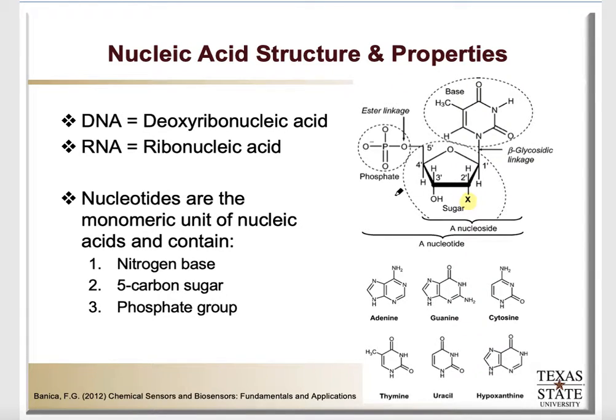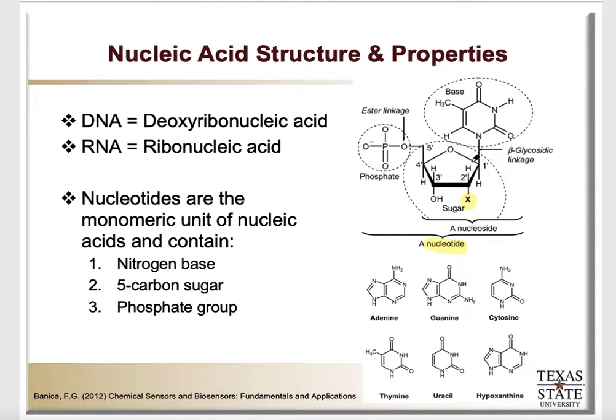Now, the nucleotides, which are the monomeric units of your polynucleic acid, have three main components: a nitrogen base, a 5-carbon sugar, and a phosphate group. We can see that here. What's in this dashed circle is what's known as the base, and there are several types of bases described down here.